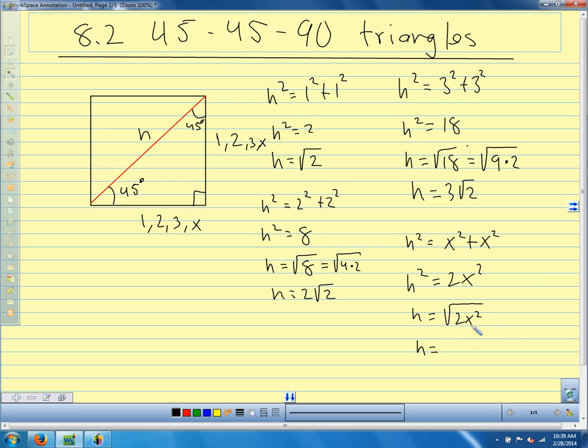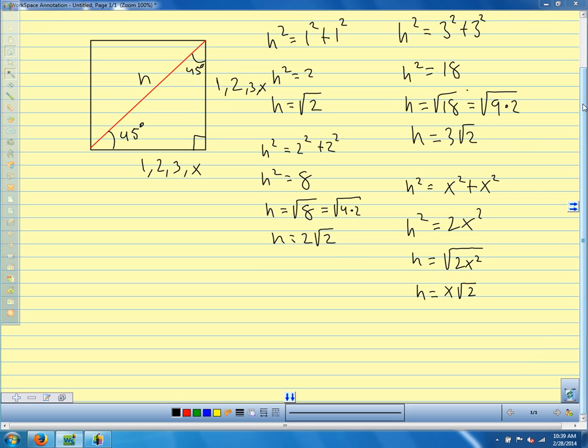What's the square root of x squared? X. So the x comes out front. Square root of 2. So no matter what the side length is, the hypotenuse is the side length times the square root of 2. So what we've just done is proved the 45, 45, 90 theorem.